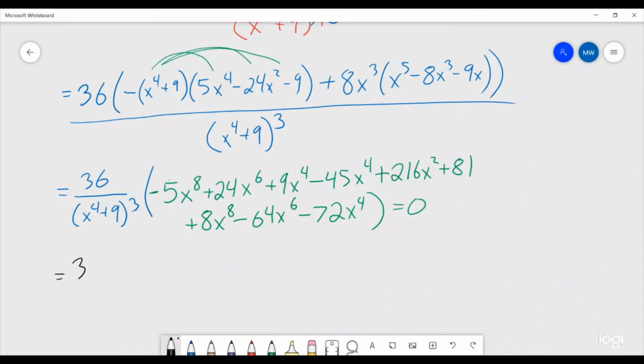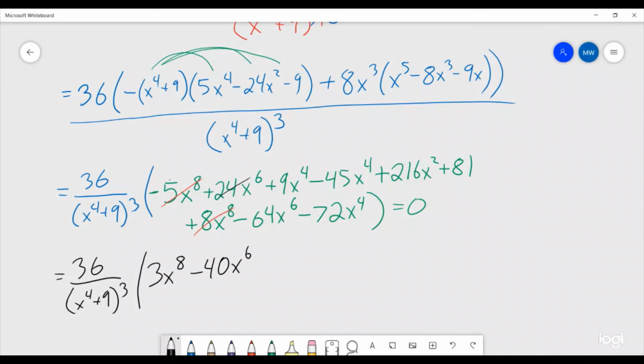So let's see, we got 36x to the 4th plus 9 cubed times negative 5 plus 8, that becomes a 3x to the 8. So we've gotten that and that taken care of. 24 minus 64, so that's a minus 40x to the 6.